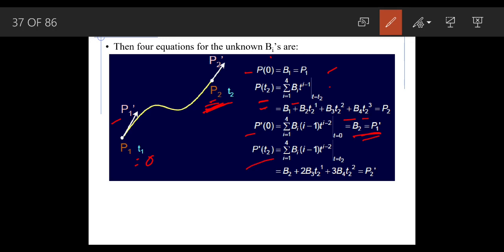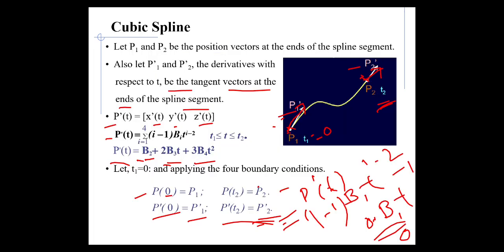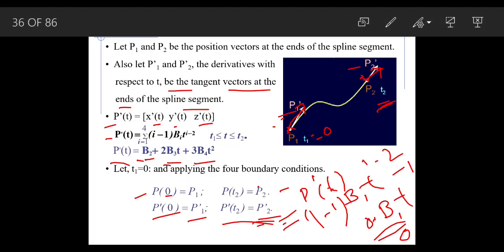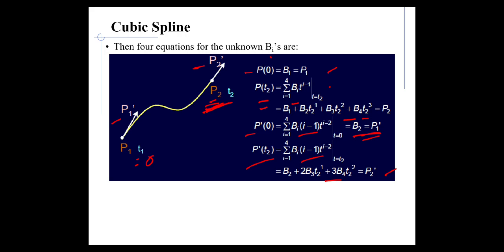Next, we calculate the first derivative of the end point, that is p2 dash. Again we use the same equation, and in this equation we are going to put the value of t2. So if we put the value of t2, then p2 dash is equal to b2 plus 2 b3 t raised to 1 plus 3 b4 t raised to 2. In this way we get the equation for p2 dash.